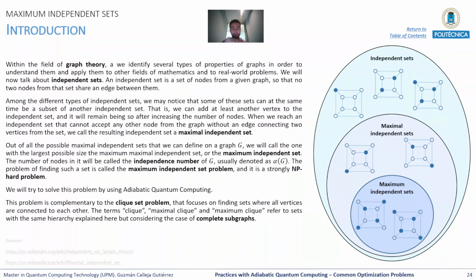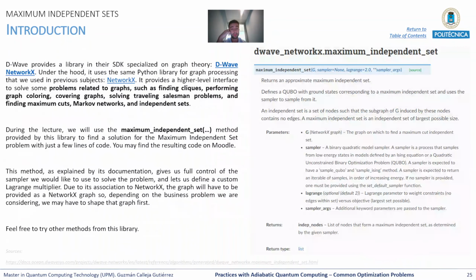We cannot find it now, as you already know, but we will be able to. And then there is the clique problem, that is the complementary, just the opposite one. It focuses on finding sets where all the vertices are connected to each other. So this is the maximum clique. This is just the opposite, just a complementary example.